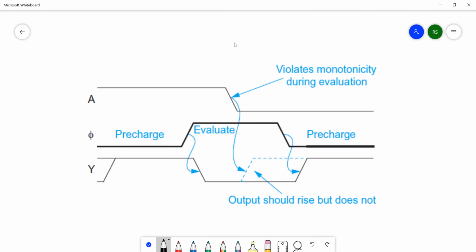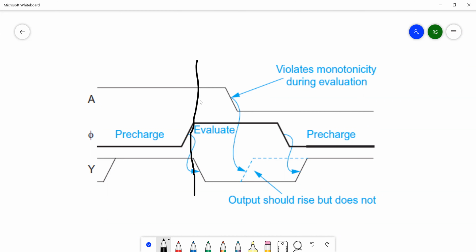Up to this particular point, no problem. Whatever the value of the input, the gate is in the pre-charge phase, so the output is at perfect value 1. Then the evaluate phase starts.